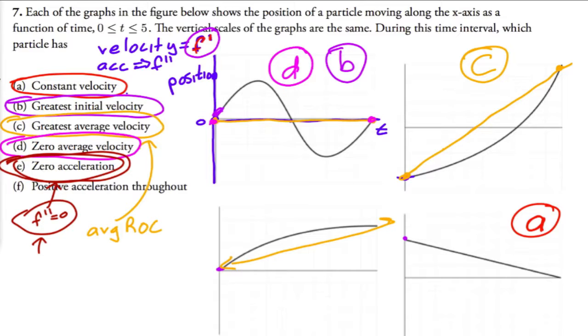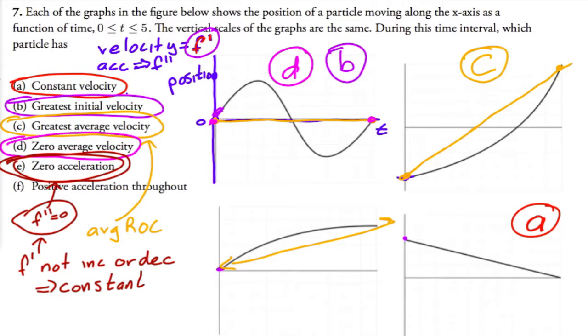If the second derivative is equal to 0, then that means that the first derivative is not increasing or decreasing. What's another way of saying that? Well, if it's not increasing or decreasing, then it would have to be constant, right?